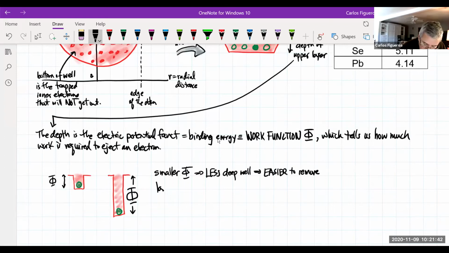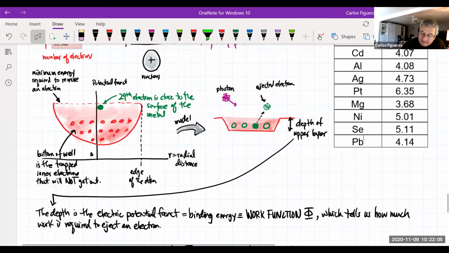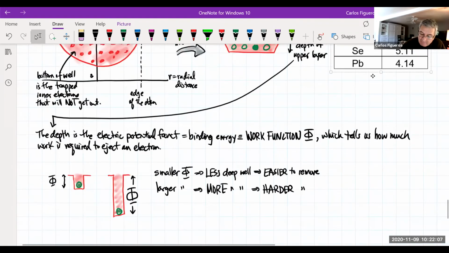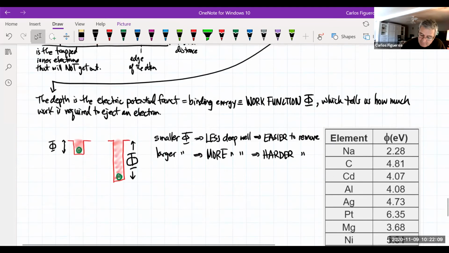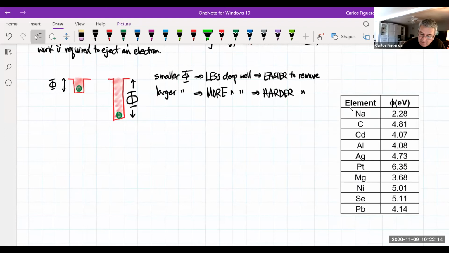Whereas if I have a larger potential function, then this is a more deep well, which then means that it's going to be harder to remove. So then what I need here is my values, and I gotta take this, bring it down. So I'm gonna make this a little bit smaller.